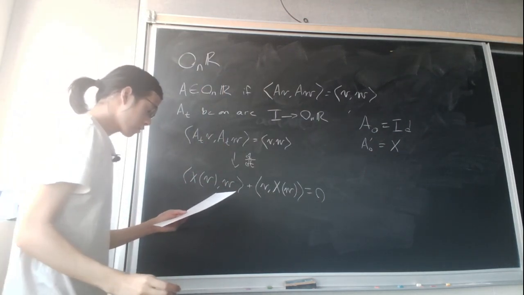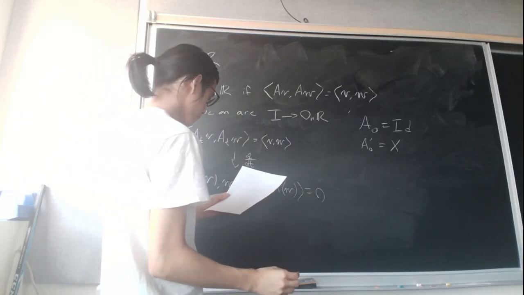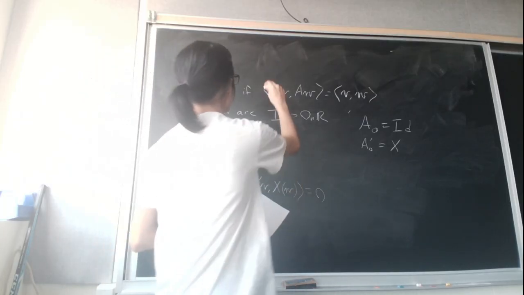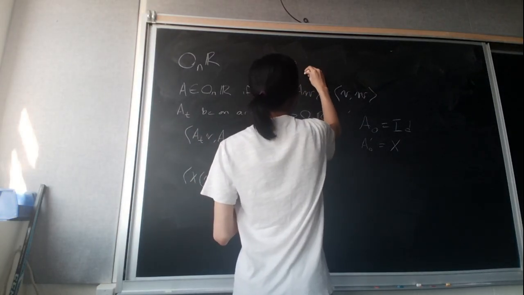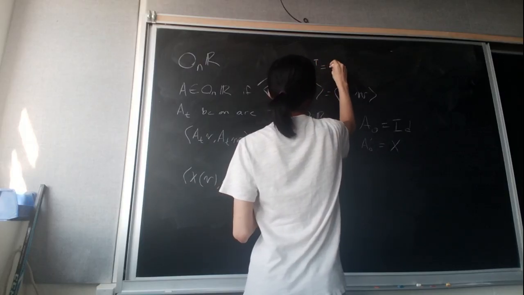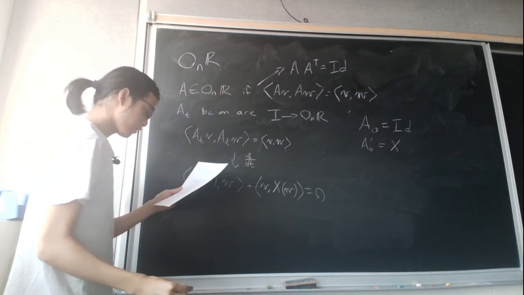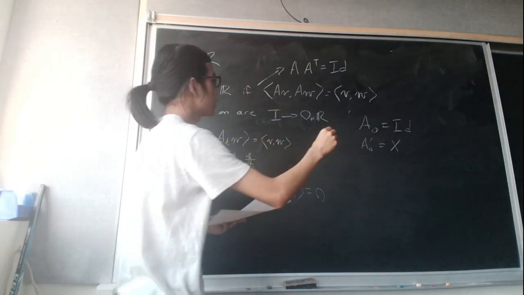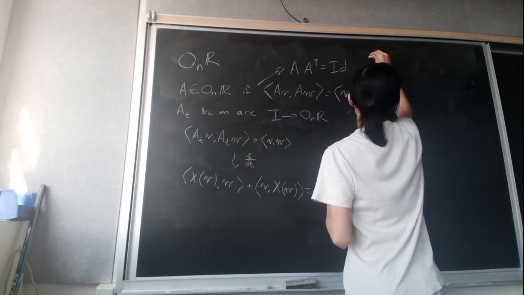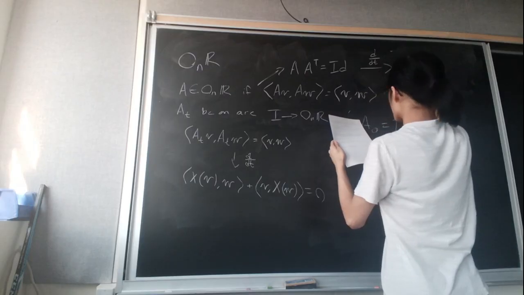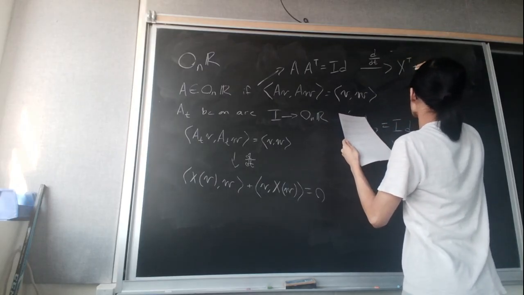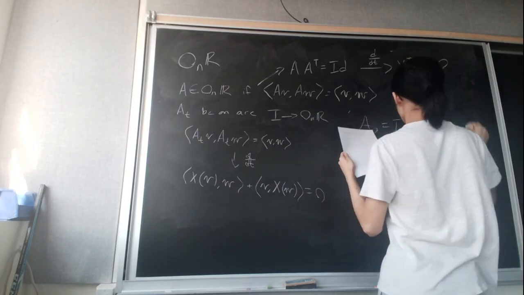This is also true: A times A transpose is the identity. Differentiating that gives the condition x transpose plus x equals 0.